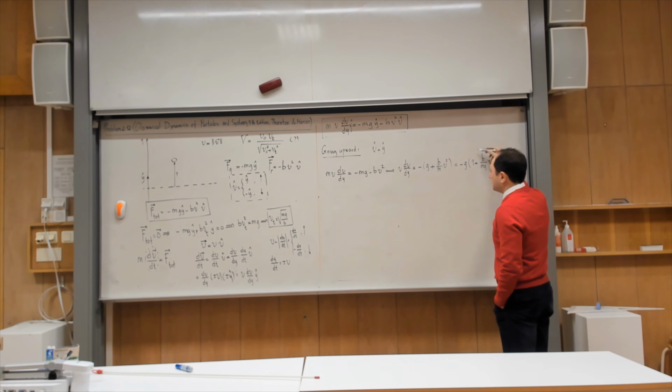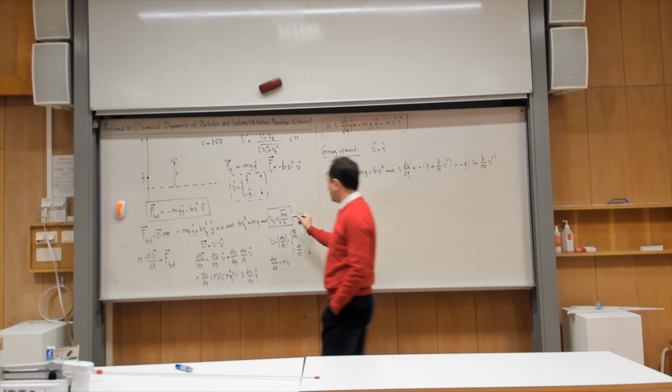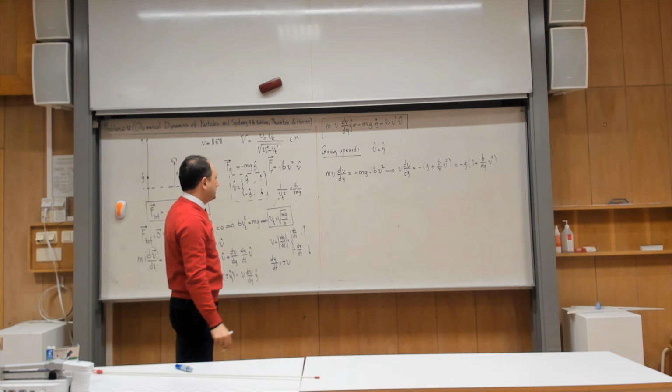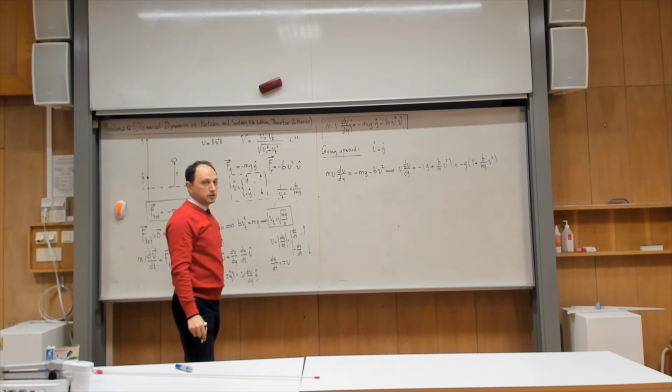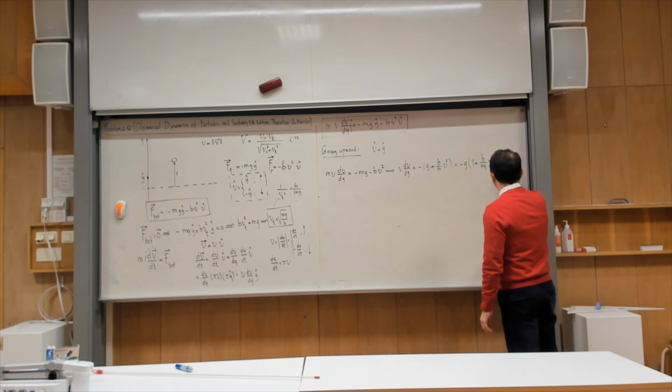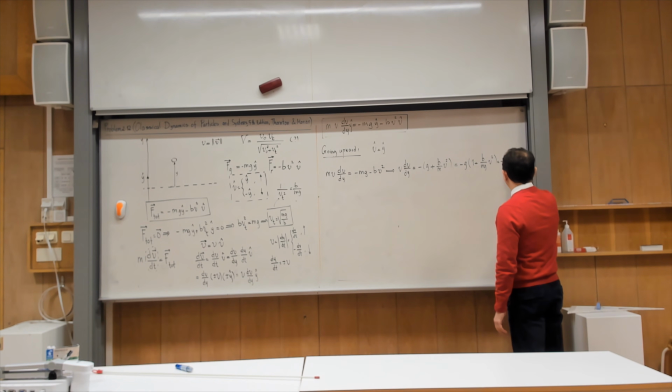But this quantity is the reciprocal: 1 over v_t squared is nothing except b over mg. So that b over mg is actually the reciprocal of the square of the terminal speed. So then it becomes minus g times 1 plus v squared over v terminal squared.